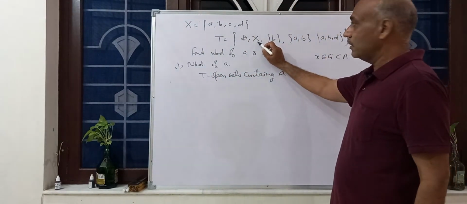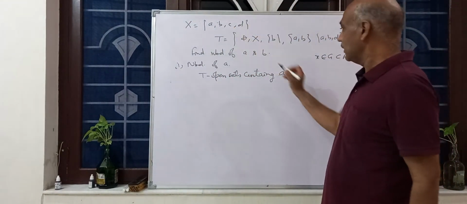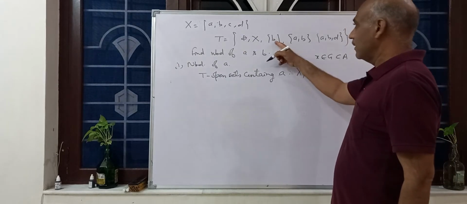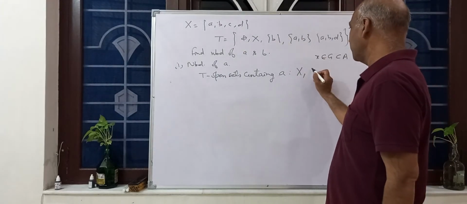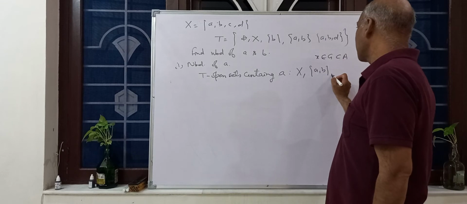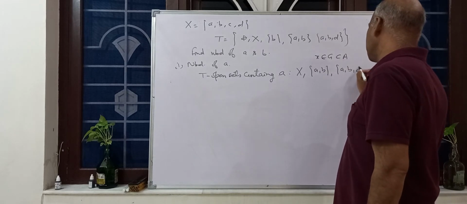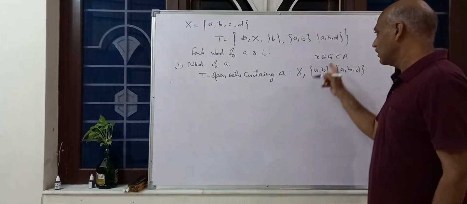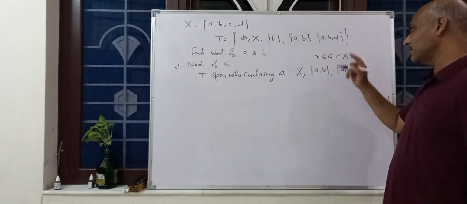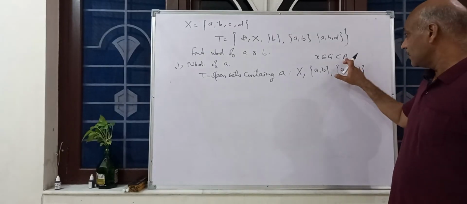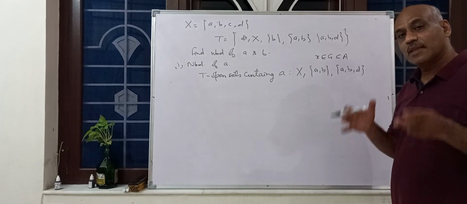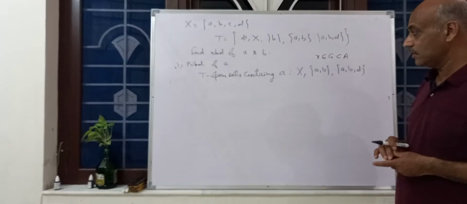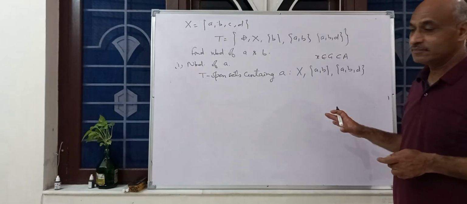First, this one, X, which is A, B, C, D. Here the set {A} is not there, but {A, B} and {A, B, D} are. These are open sets containing A. And a neighborhood may be open or closed. It doesn't necessarily have to be open.